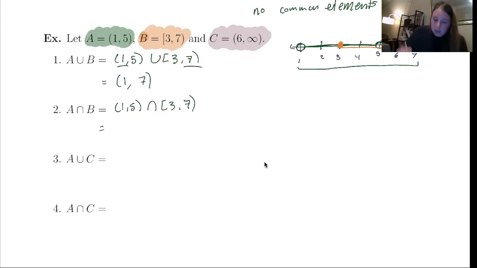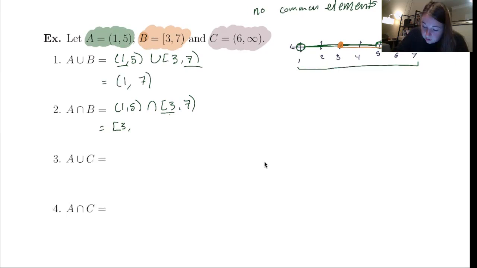This one's a little tricky when one has a closed bracket. So look, both of these intervals contain 3, right? That one contains 3 and 3 is between 1 and 5. We can see here that that line goes through 3. So 3 is included. So both of them include 3 all the way up to 5.